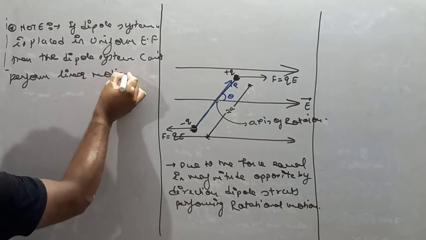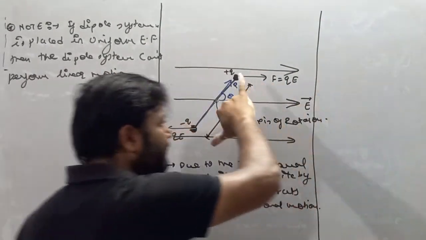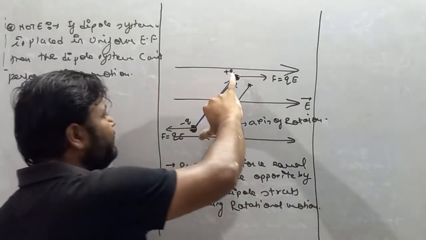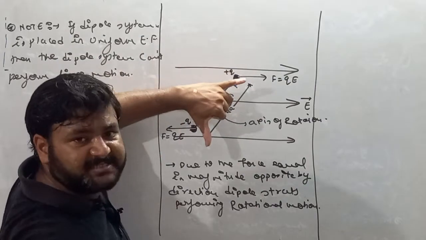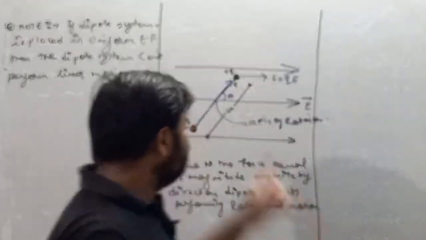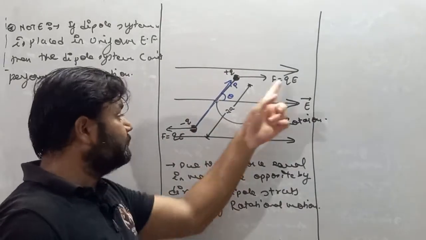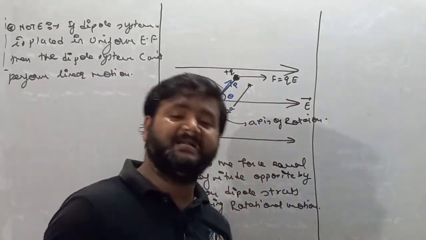So remember this thing, this dipole system cannot move forward, cannot move backward, not upward and not downward. This dipole system starts performing rotational motion. Due to these forces, the dipole system starts performing rotational motion.